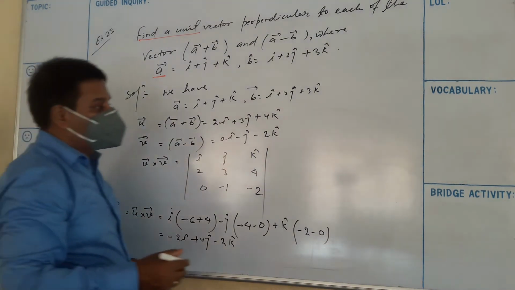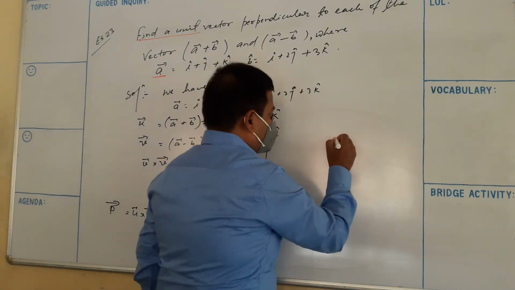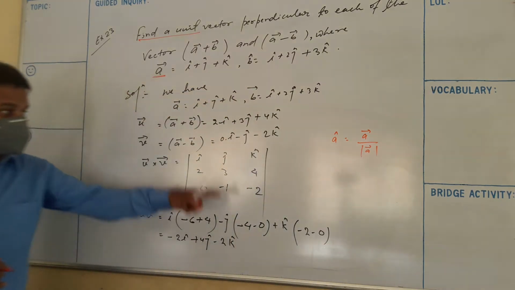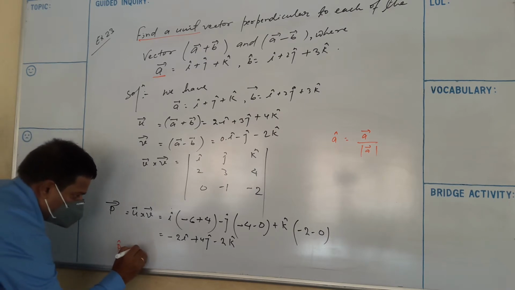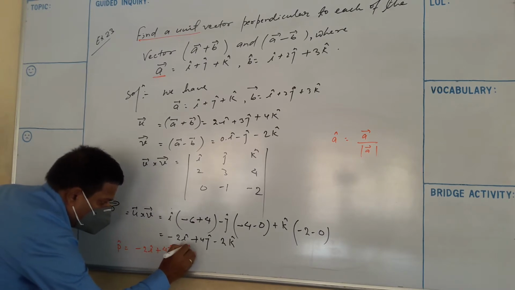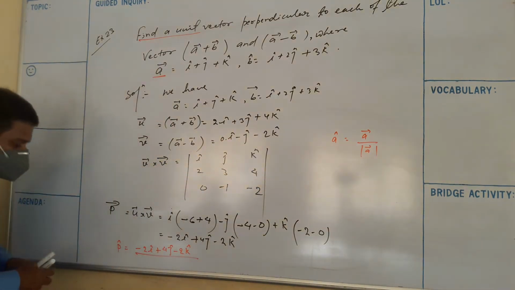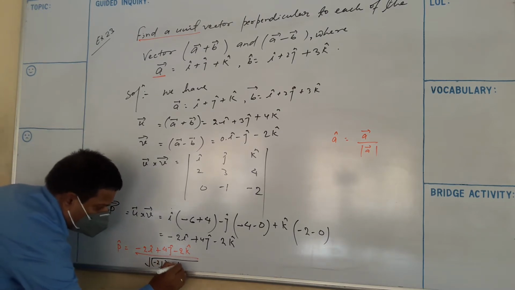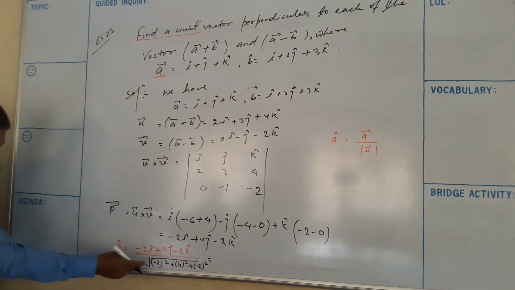Now you have to find the unit vector. What is the formula? The unit vector is vector A divided by the mod of vector A. So unit vector p is equal to minus 2i plus 4j minus 2k divided by the modulus, the square root of minus 2 squared plus 4 squared plus minus 2 squared. That is 24.